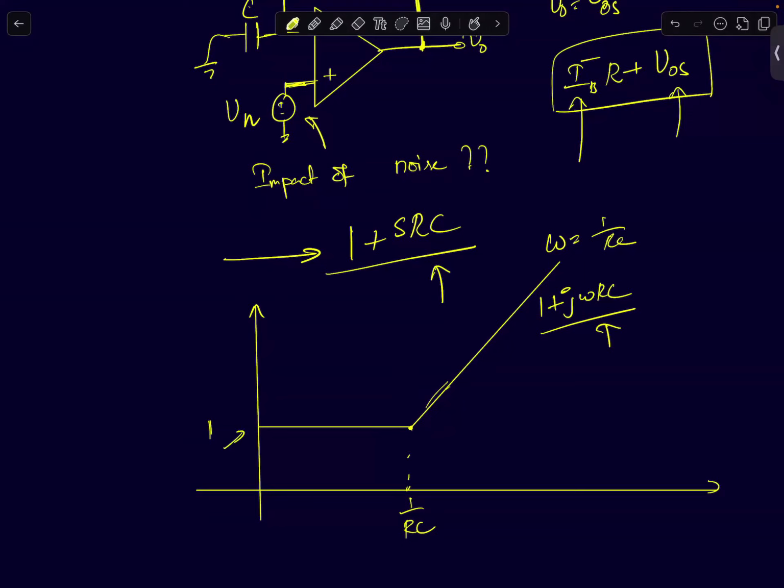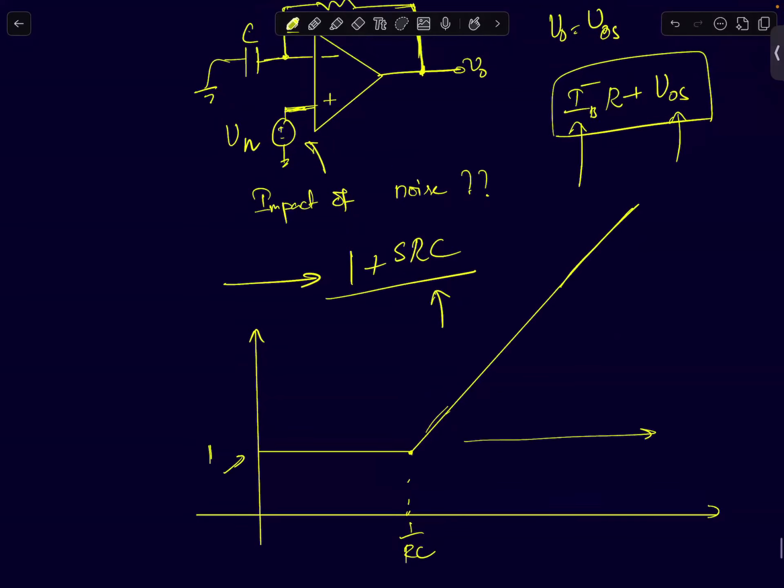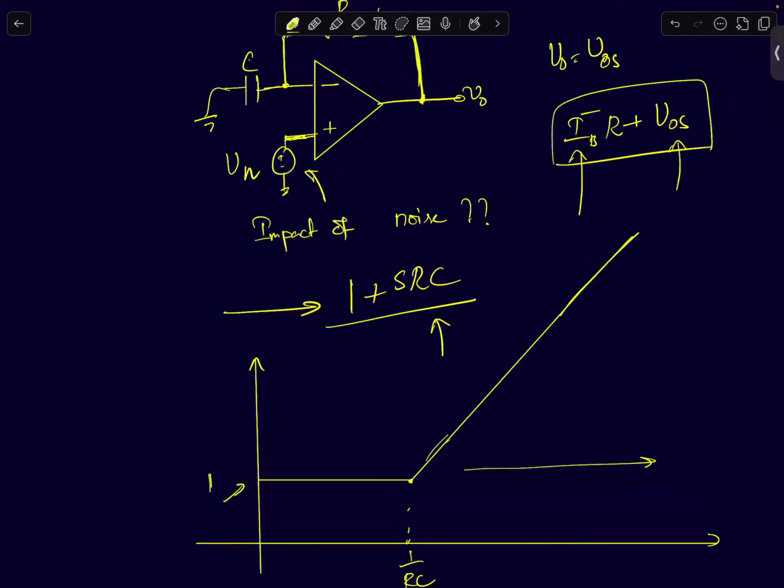So what you see here is that the high frequency gain blows up to infinity. It just keeps increasing indefinitely at very high frequencies. That's the problem with noise.